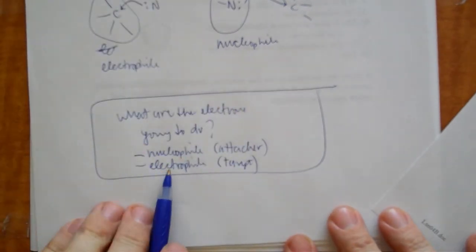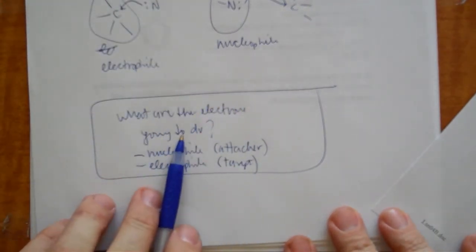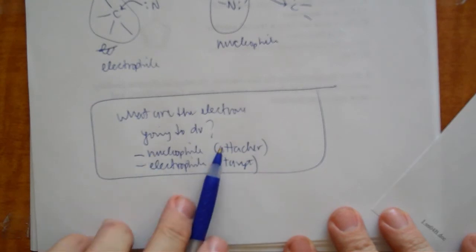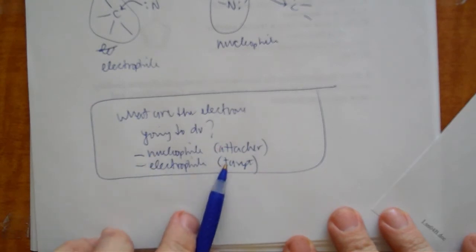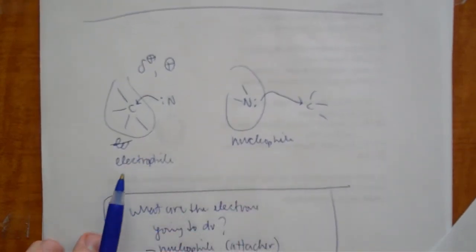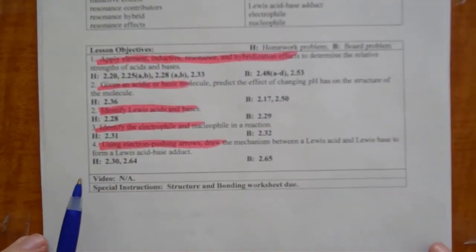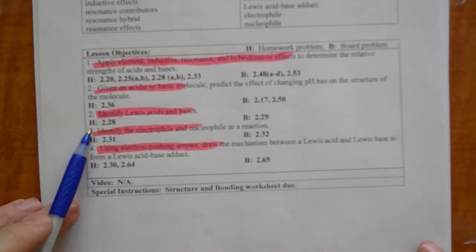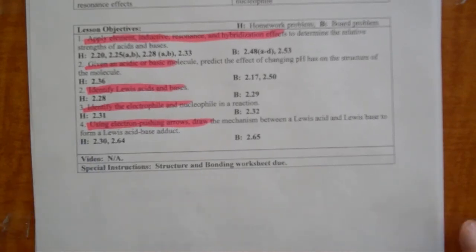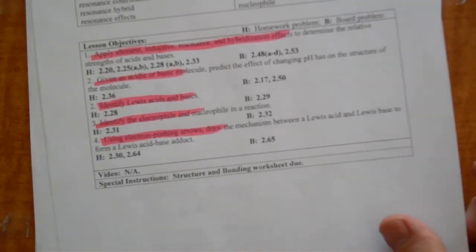We're always looking for these when we're answering this question. What are the electrons going to do? We need a nucleophile, an attacker, and we need an electrophile, a target. And that's what these are. So that's objective number 3. And objective number 4 is something we've been doing all along, using electron pushing arrows to draw mechanisms.